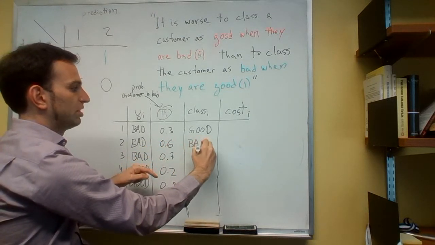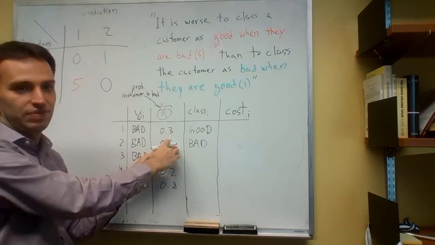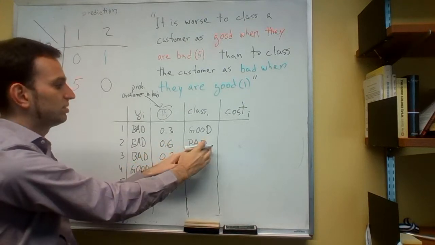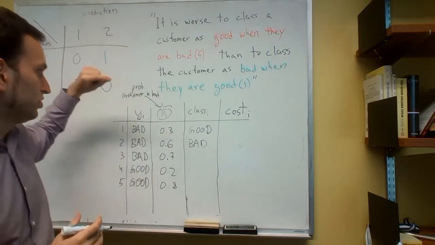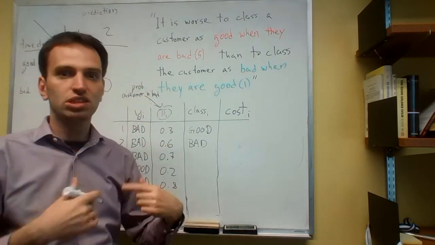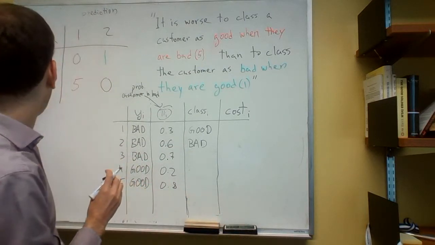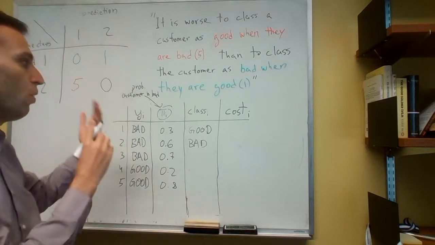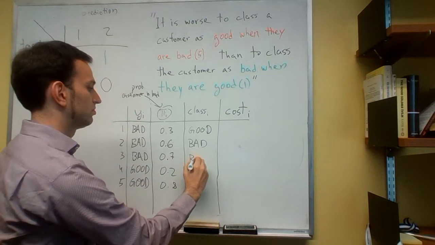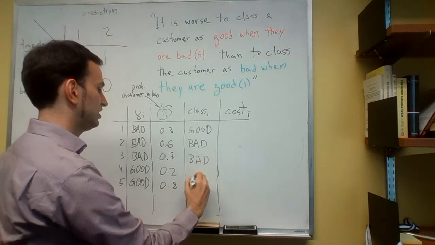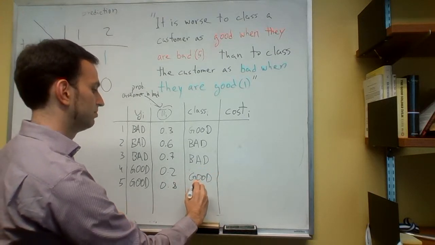So the way you determine the class that the model predicts is by looking at the probability: if it's greater than 0.5, then it's bad; if it's smaller than 0.5, then it's good. Whether larger than 0.5 means bad or good depends on how you fit the model, which one of good or bad you set to be 1 and which 0. So, okay, this is going to be bad, this is going to be good, and this is going to be bad.